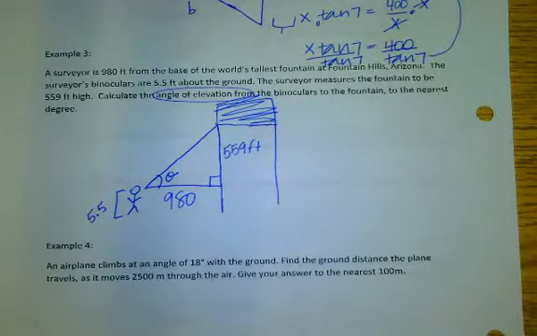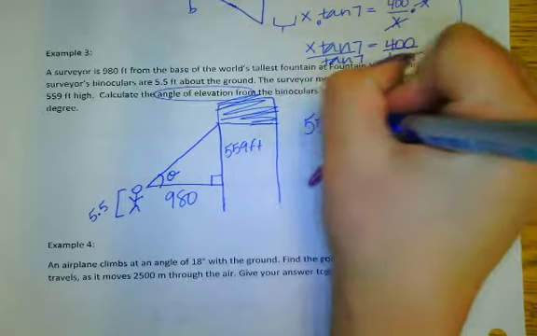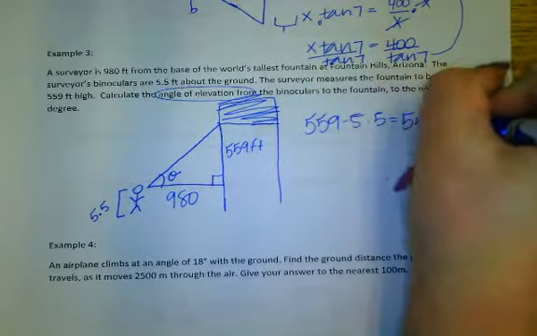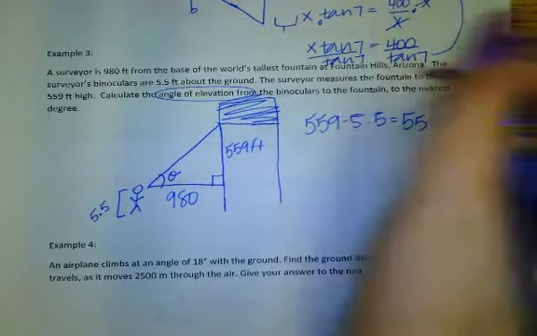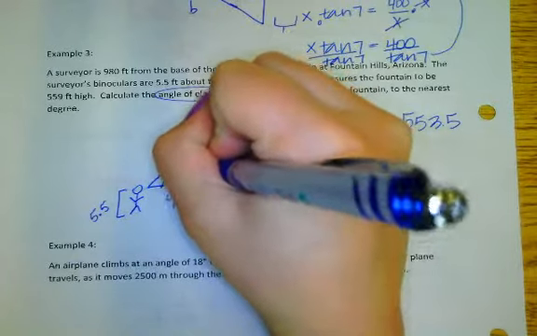So what do we have to do with this 5.5? Subtract it from what? The building. Okay, so 559 minus 5.5. Okay, why did we have to do that? Because it includes his height.